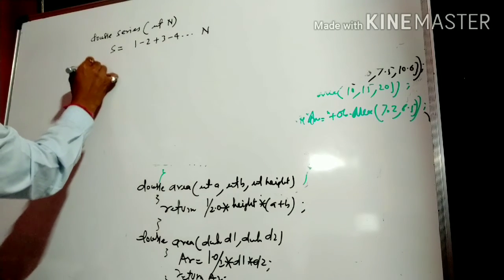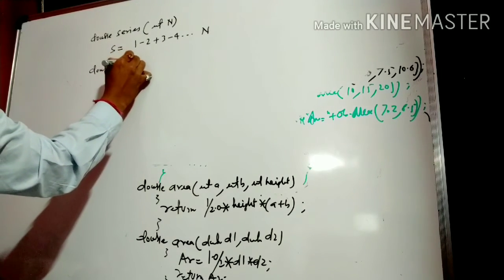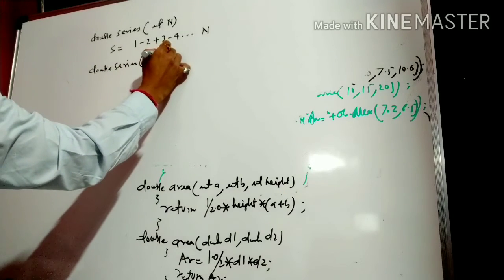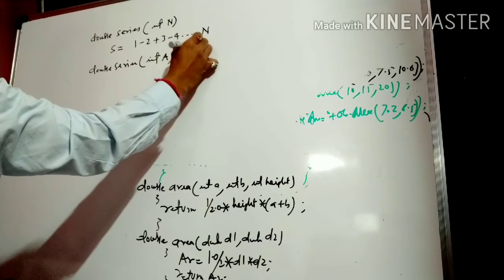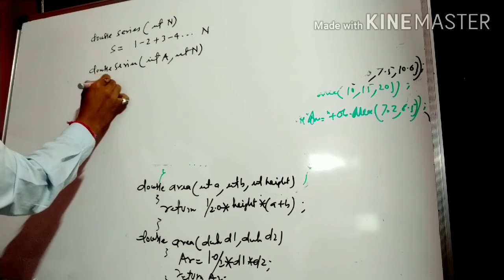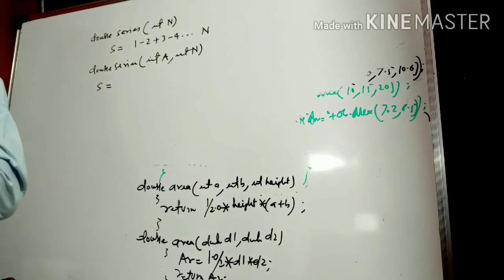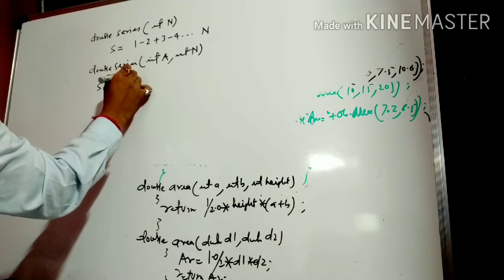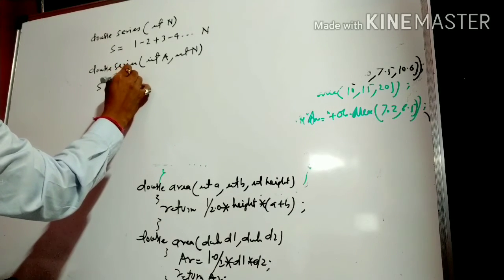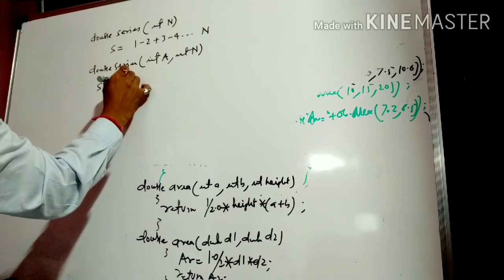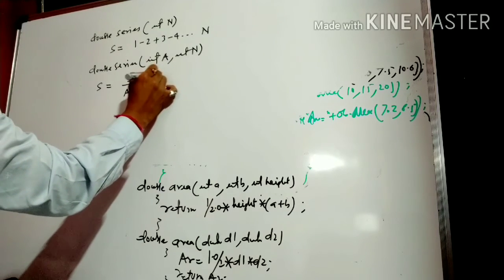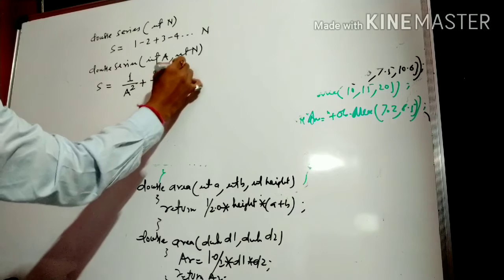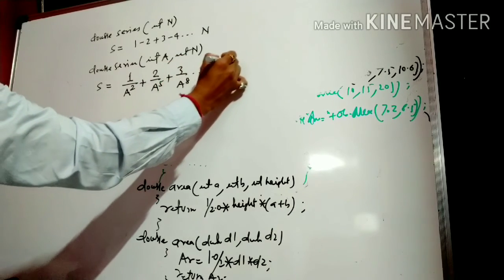Now number two, here is a double series, with int a comma int n, which will return 1 by a power 2 plus 2 a power 5 plus 3 a power 8 and so on up to n.